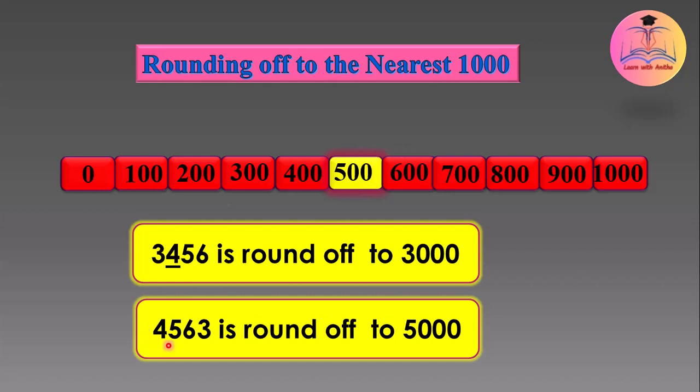So 563 is greater than 500, so we have to round off nearer to 1000. For that we put zeros in the 3 columns and increase the thousands column by 1. So 5000 is the answer. I hope everybody understood the rounding off concept.